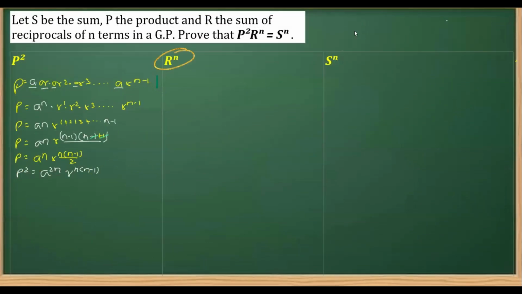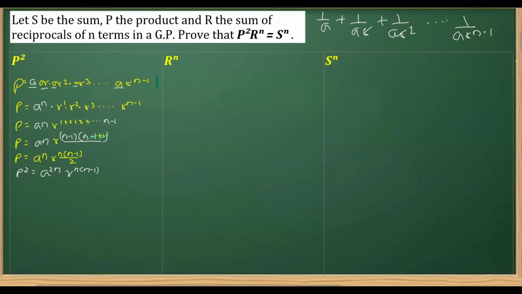In the next part, I'm going to find R raised to the power n. Before that, you should know that R is the sum of the reciprocals. So this time a is 1 over a; we are getting the reciprocal and also the sum. I'm adding the reciprocals of each term, that is 1 over a raised to the power r minus 1.